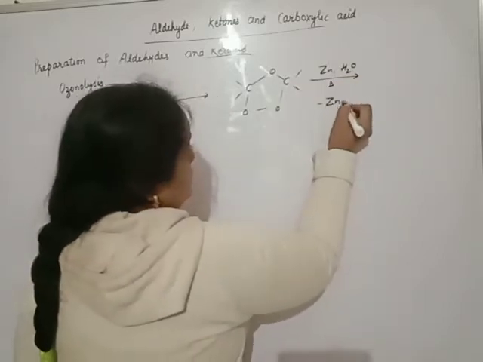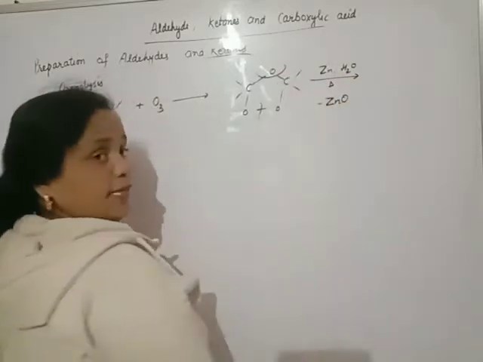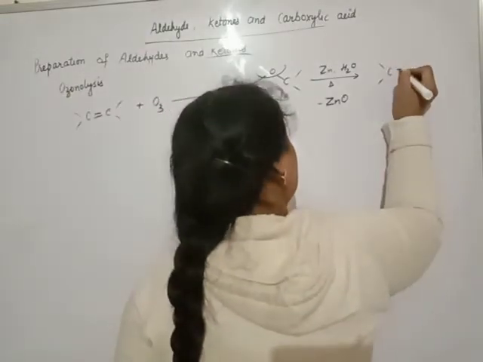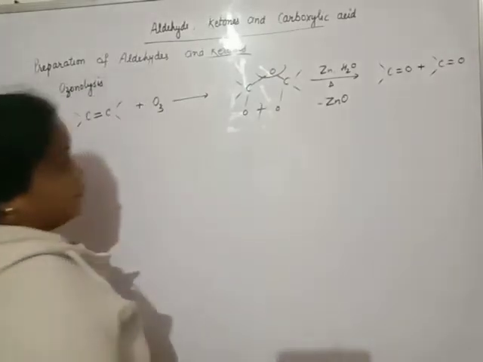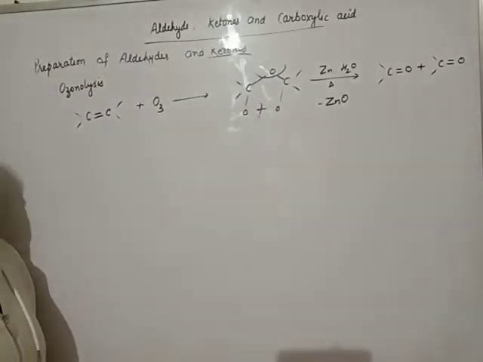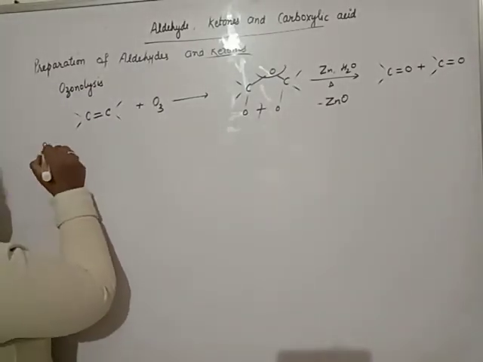Zinc oxide is removed, this will break, and we will get aldehyde or ketone, either the same or different. Both kinds. Clear? The next method is distillation.